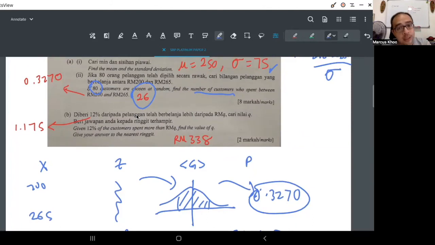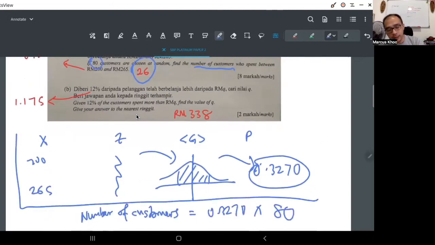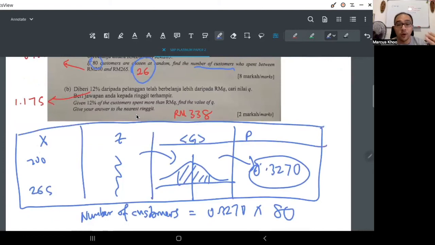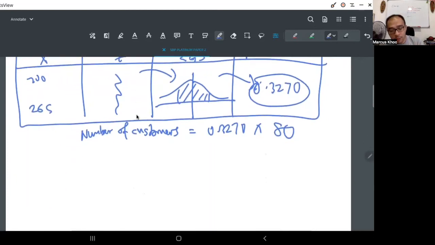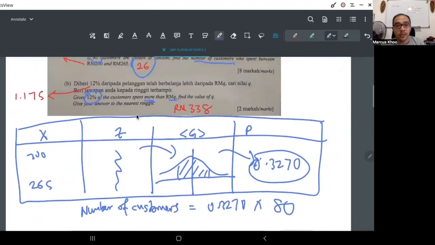And then of course, there is from left to right of the table, and there will always be a question from the right to the left. Given 12%, spend more than RMQ. So this is the one from right to left. 12% means your probability is now 0.12.